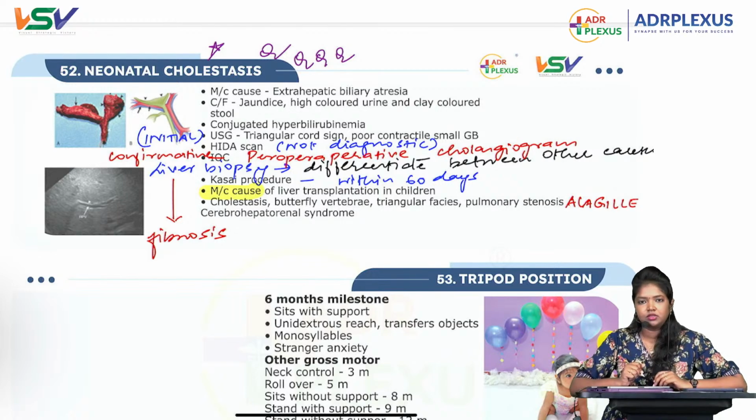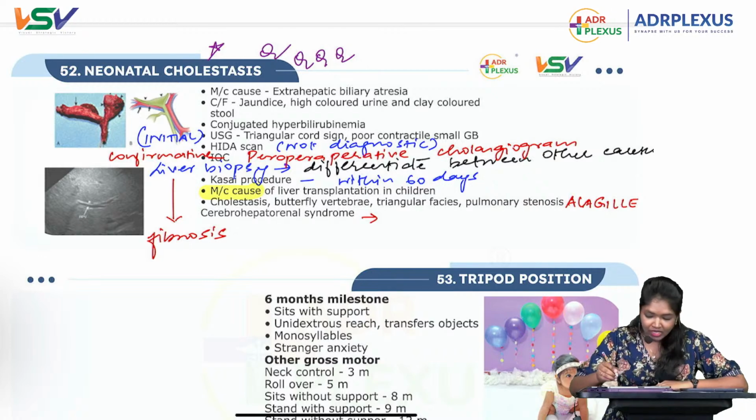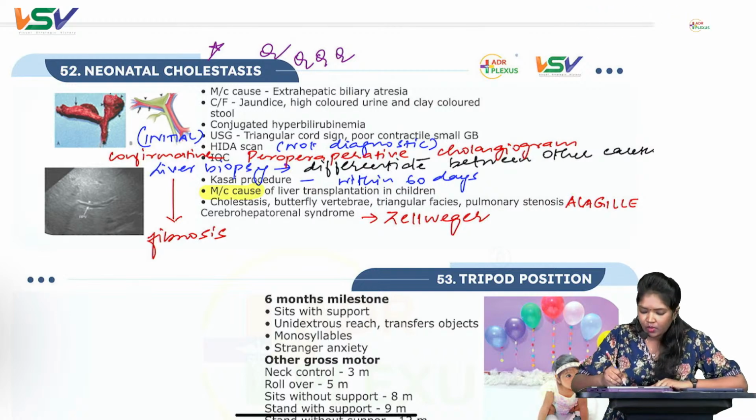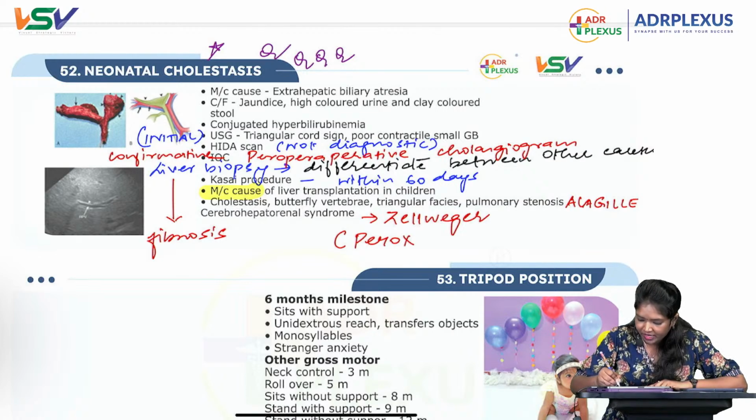Cerebrohepatorenal syndrome. What syndrome is this? Zellweger syndrome. Yes, Zellweger syndrome is cerebrohepatorenal syndrome. It is a peroxisomal defect.